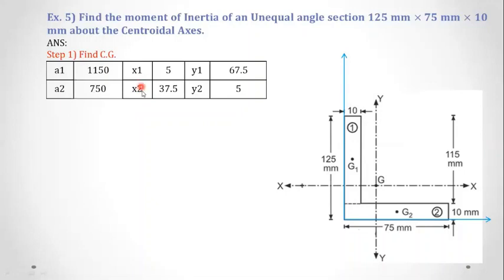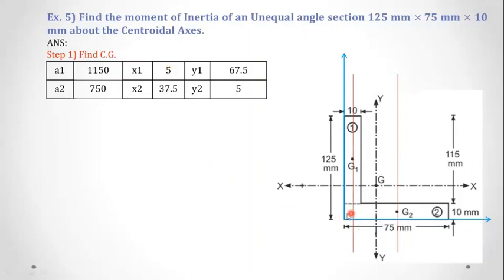Now x1 and x2 are the distances of G1 and G2 from the y-axis. Suppose there is an x-axis passing through G1, and this blue line is your y-axis. The distance of G1 from this axis to here is x1, which is half of 10 mm, so x1 is equal to 5 mm.